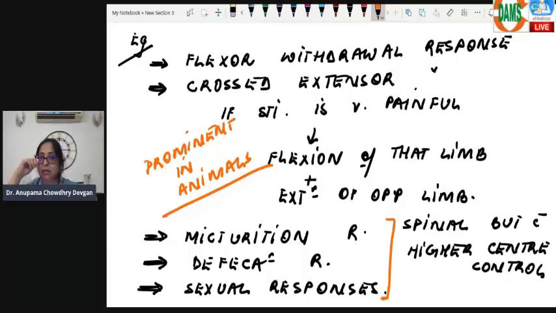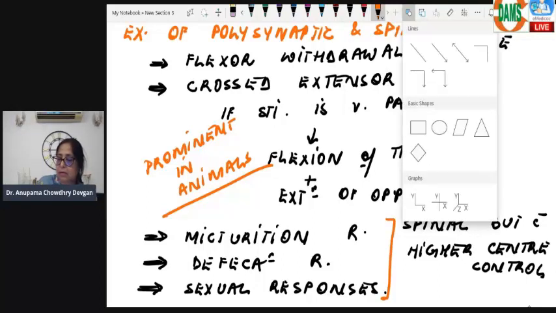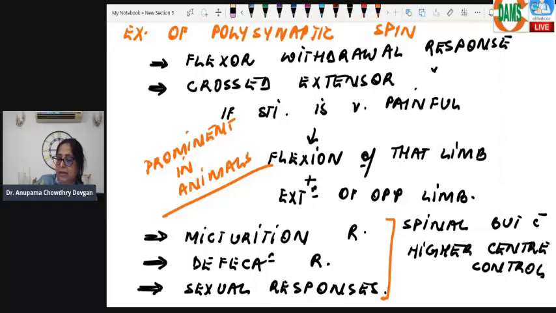So all of these are examples of polysynaptic spinal reflexes.